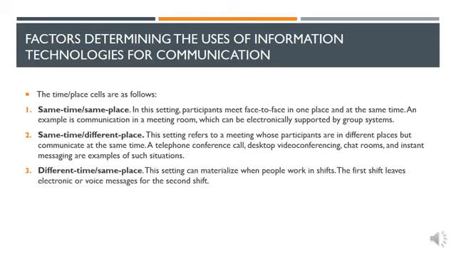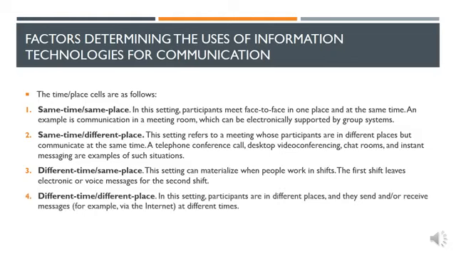This setting can materialize when people work in shifts. The first shift leaves electronic or voice messages for the second shift. Number 4, different time, different place. In this setting, participants are in different places and they send and or receive messages, for example, via the internet at different times.